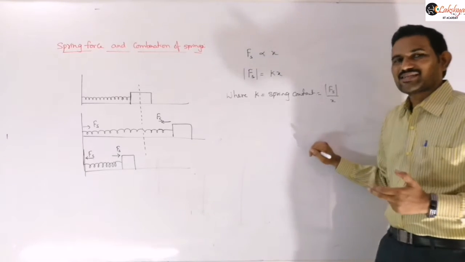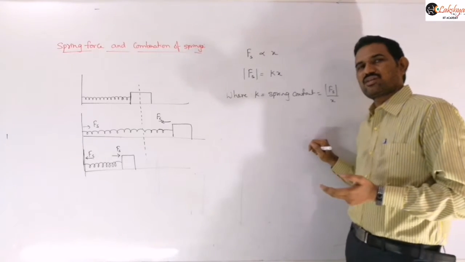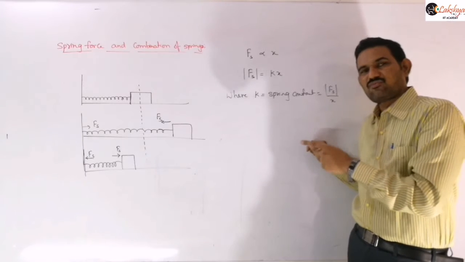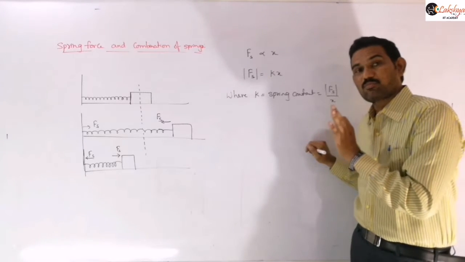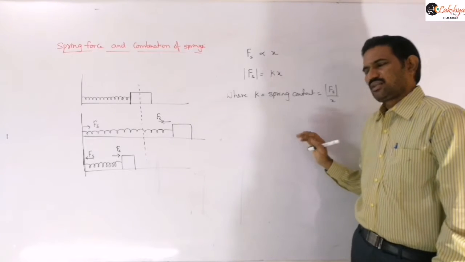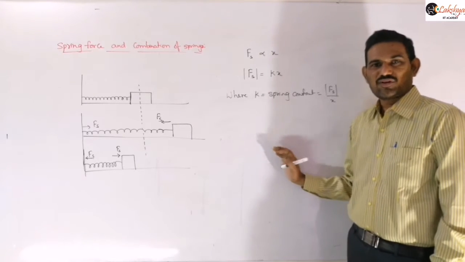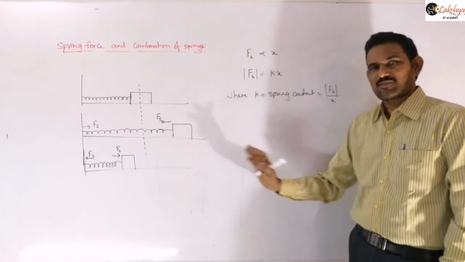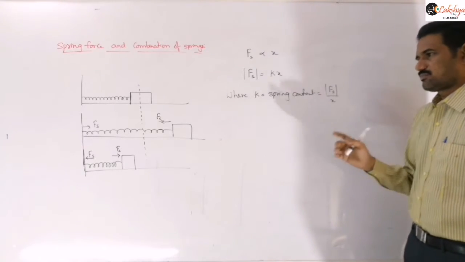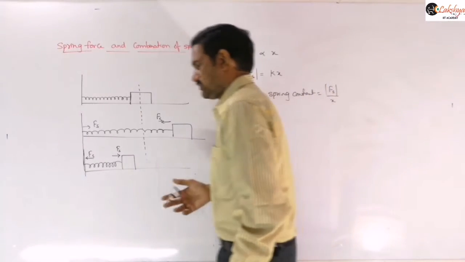If you make any sudden change, the tension in the string also changes suddenly. But the spring force does not change suddenly. It will take some time, so it is not an instantaneous force, right? There will be a lot of problems based on that point, and we will discuss that later separately. Here, we are just introducing the spring force.